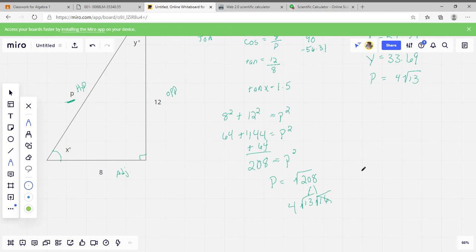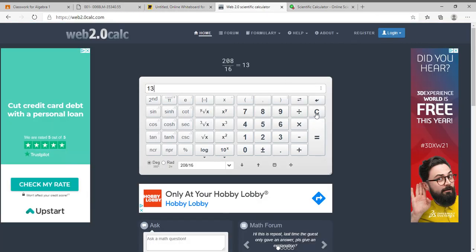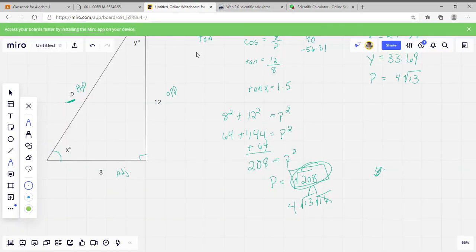If you left it as the square root of 208, I'm not sure I'd count that wrong, but try to break it down if you can. If you said 208 divided by 4, you're going to get 52.